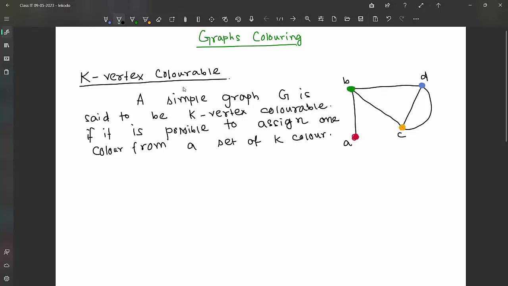Suppose here the set of k colors is red, green, yellow and blue.